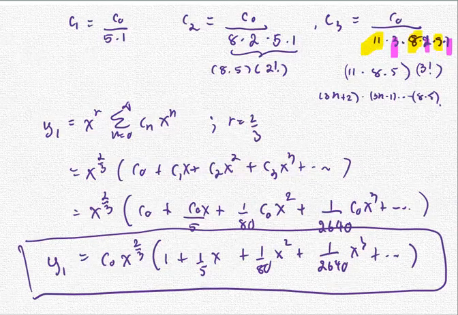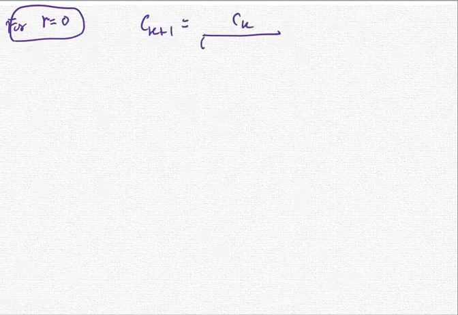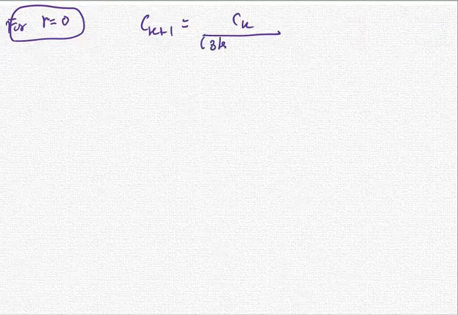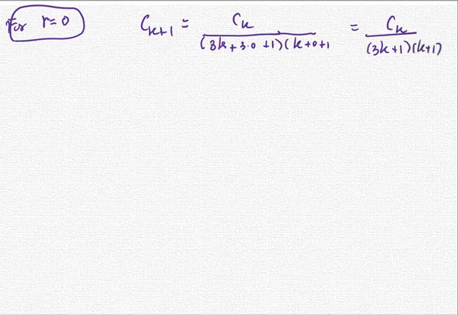And then next, we're going to use the second r value. For r equals 0, the recurrence relation is of the form c_{k+1} equals c_k divided by (3k plus 3 times 0 plus 1) multiplied by (k plus 0 plus 1), or in the form of c_k divided by (3k plus 1) multiplied by (k plus 1) for k greater than or equal to 0.